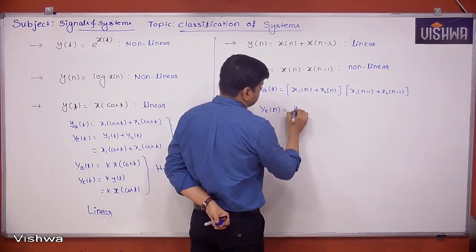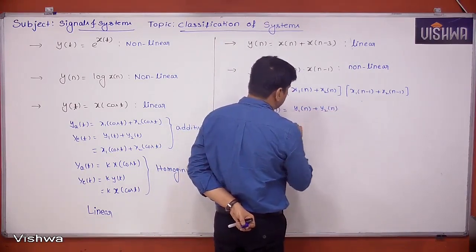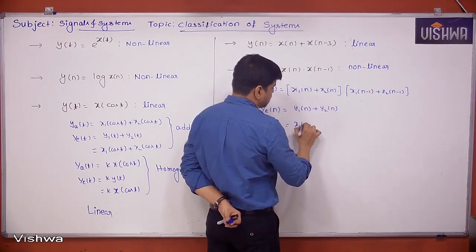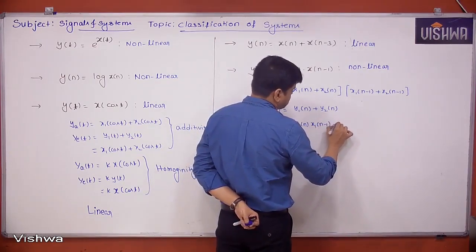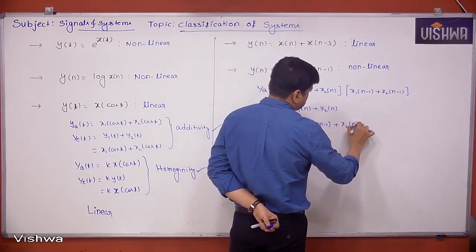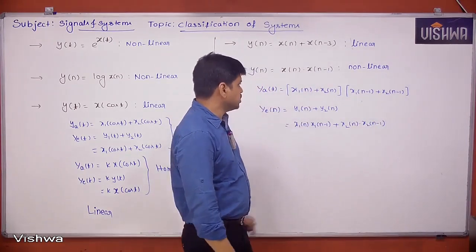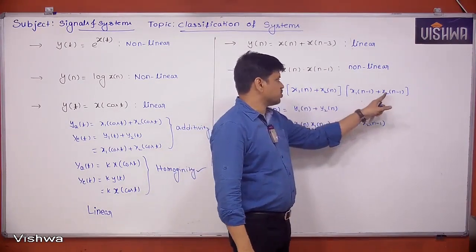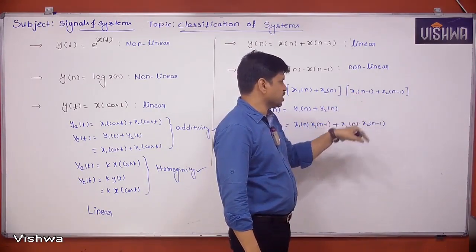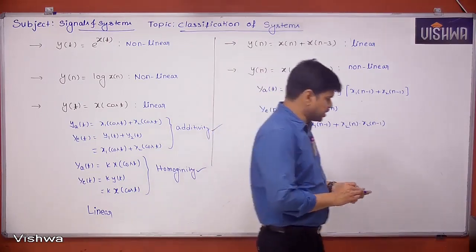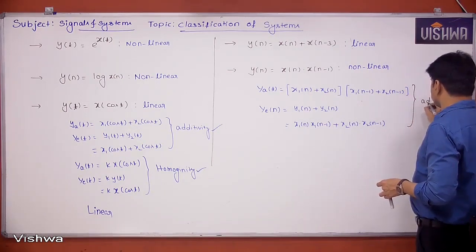Which is y1 of n plus y2 of n, which is nothing but x1 of n into x1 of n minus 1 plus x2 of n into x2 of n minus 1. Are they same? No, definitely not. We have extra terms: x1 of n into x2 of n minus 1, and x2 of n into x1 of n minus 1. These two terms are extra. So I can say it is not satisfying additivity.